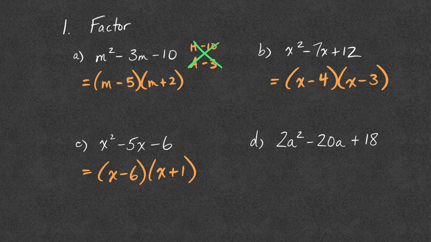And on question D, I think it's giving you a good gauge: do you have your factoring checklist being developed? Take a look at D. The first thing I always look for is a greatest common factor. Do I have a common factor in all 3 of those terms? I do. I have a common factor of 2.